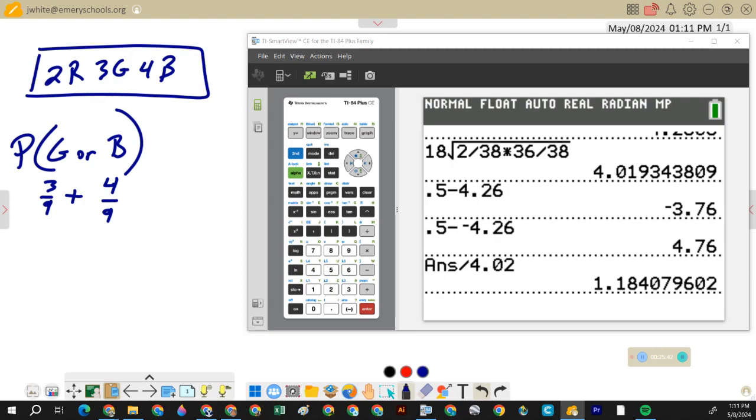What does that mean? Mutually exclusive means that the first one prohibits the second one. Does drawing a green prohibit you from drawing a blue? Yes. So you can add them. So this probability is going to be 7 out of 9. Okay?